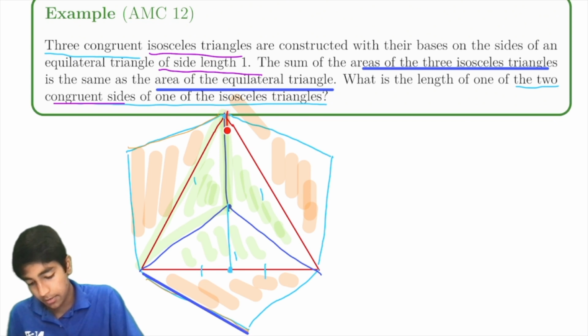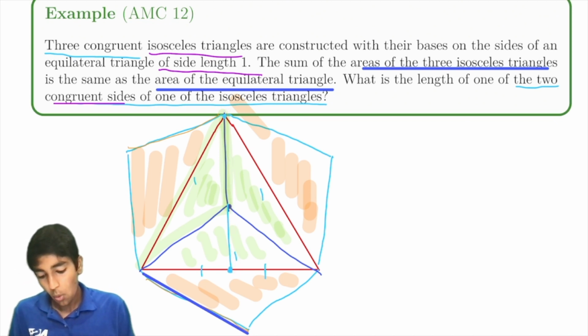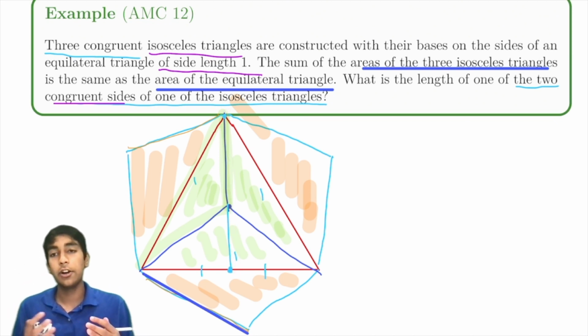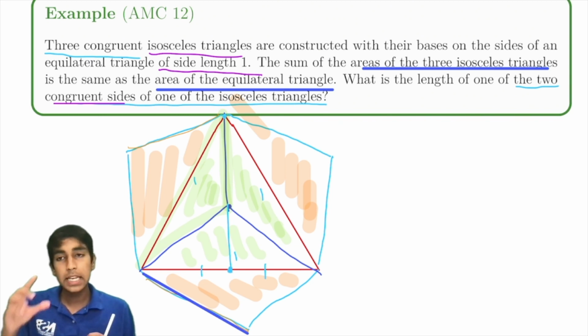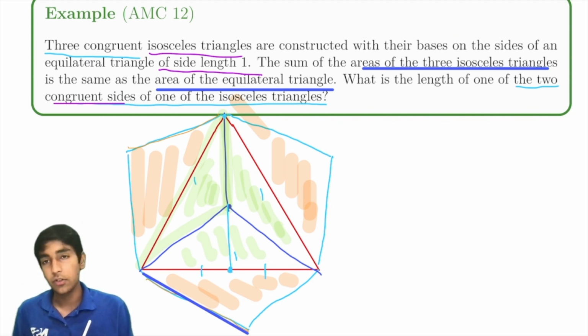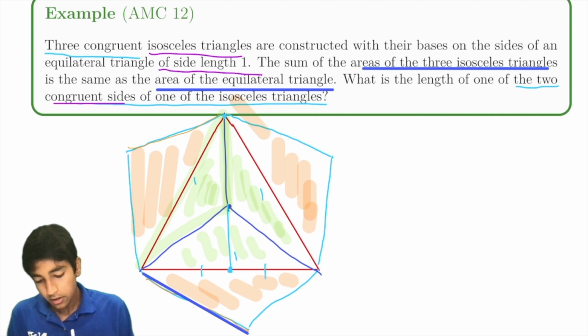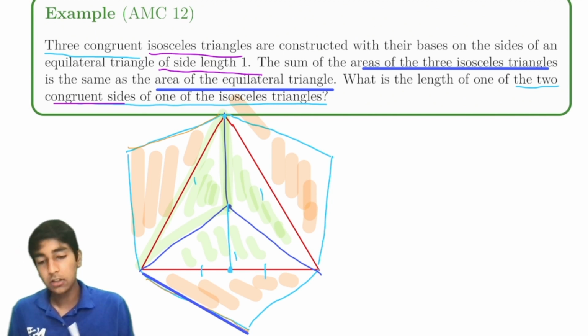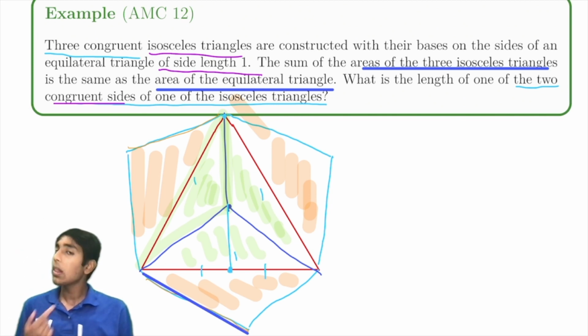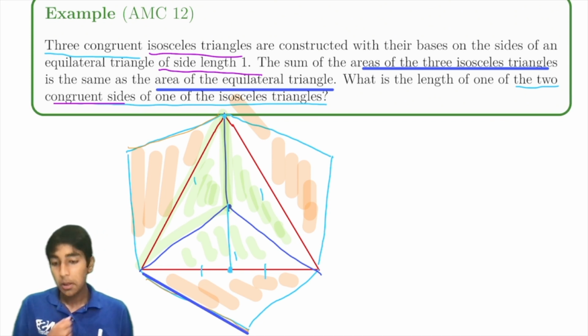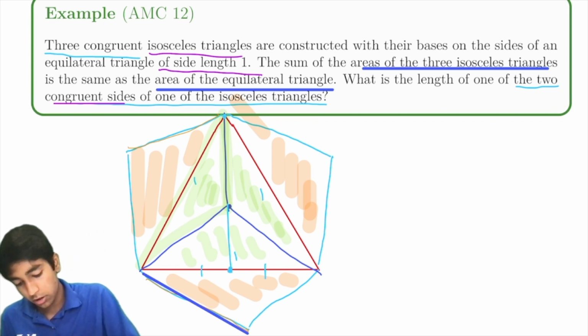So how do we find this median distance? Well, as it turns out, for an equilateral triangle, the median is the same thing as the altitude. To find the altitude of the equilateral triangle, we'll cover this more in the next video, but it's a cool property that it's just square root 3/2 times the side length, which in this case is 1.